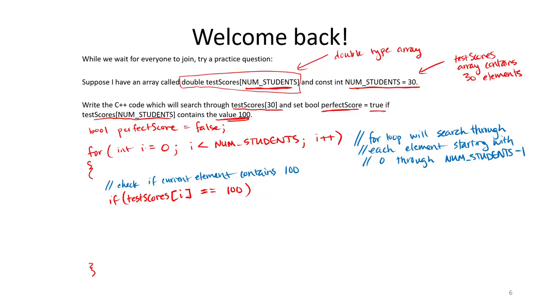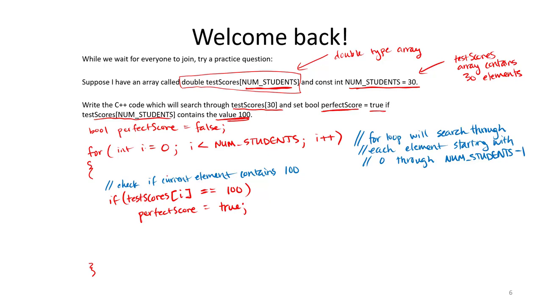If test scores element I contains a value 100, then we set perfect score to be true. If test scores does not contain the value 100 exactly, then this if statement will not trigger. So that's all we need to do.